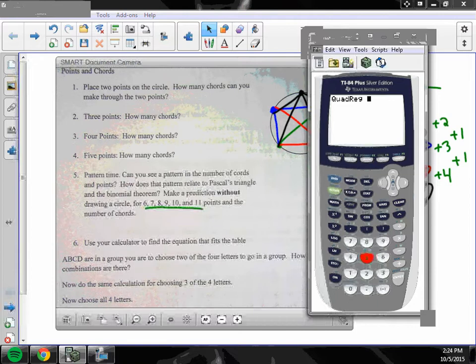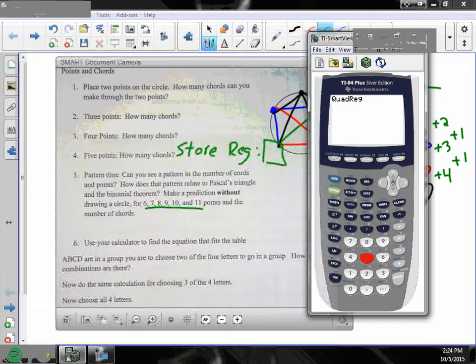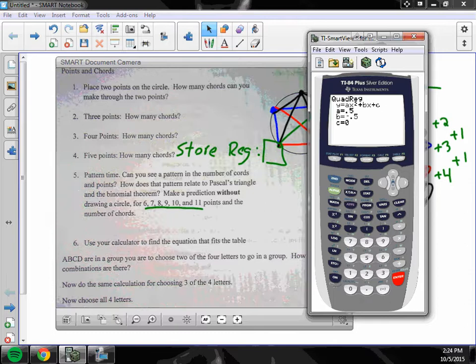So if yours looks different from mine and you have something that says store regression equation, go right there. If not, just stay right where you are. And I'm going to push variables, go to Y variables, go to Y1, and not only will it calculate the equation, but it will stick it into my Y equals for me.